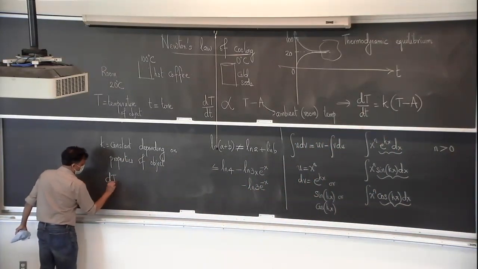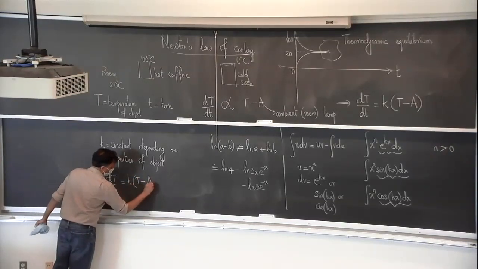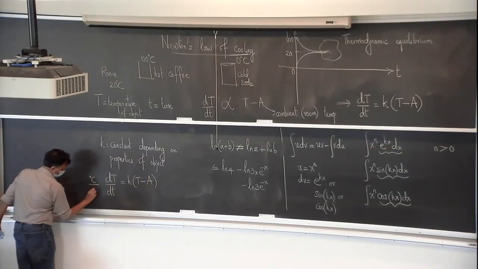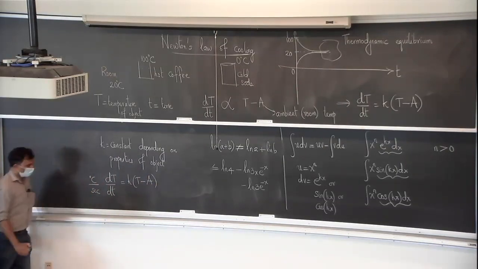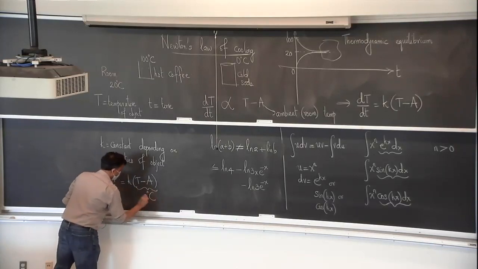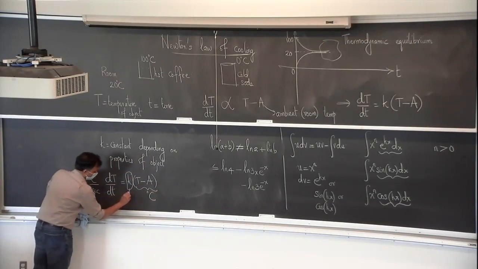So we have dT/dt equal to k times (T minus A). The left side is degrees Celsius over time, so degrees Celsius per second, for example, and T minus A is degrees Celsius. So the units of k have to be per second.